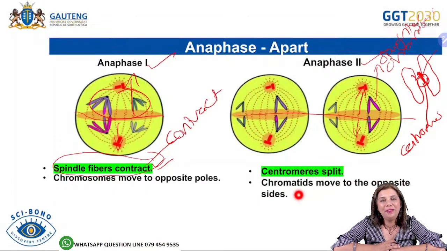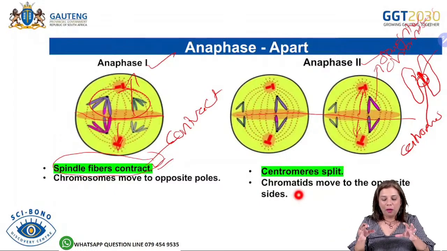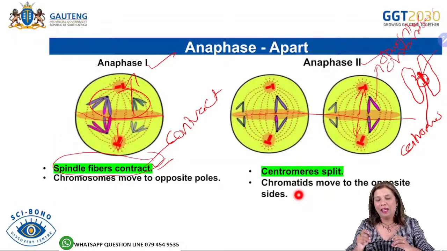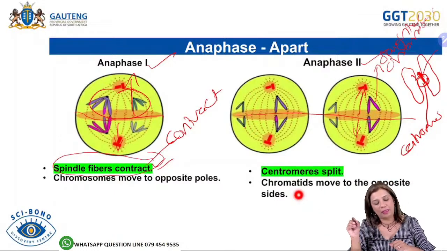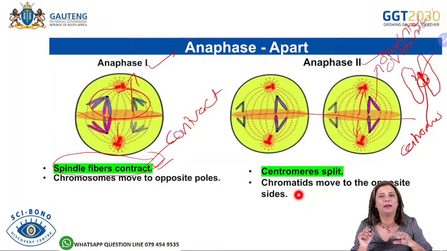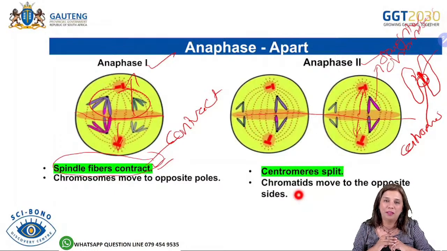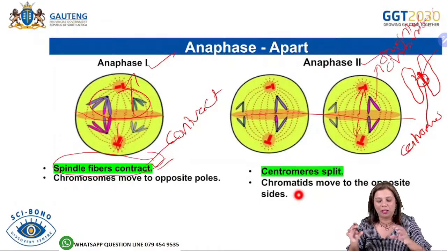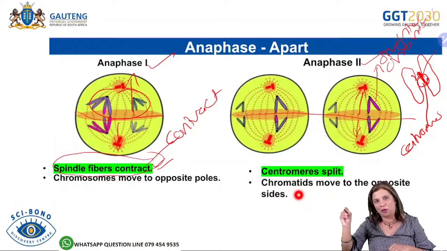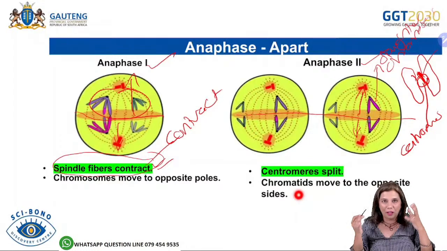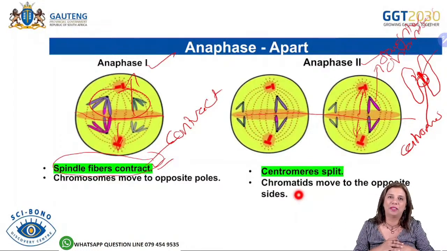So when you're studying, draw an anaphase diagram and label it, daughter chromosome. Label the spindle fibers in anaphase 1 as contracting and all of those things. So you don't have to study written notes. You can make your notes on the diagram so that you learn the content and the diagrams at the same time.